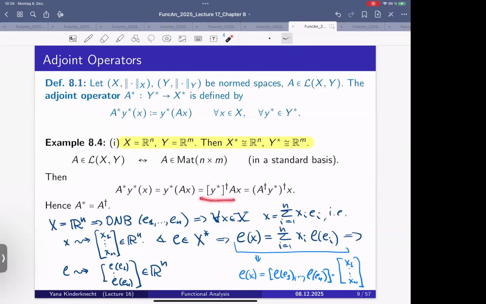So we have the matrix, here a column vector, here a row vector. This is the product. And now this is the same as if we first take the matrix A, transpose it, multiply with a column vector y star, then we get a column vector, and then transpose it, and we get a row vector, and multiply again as a matrix product with a column vector.